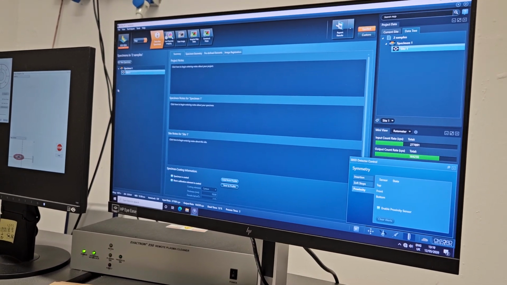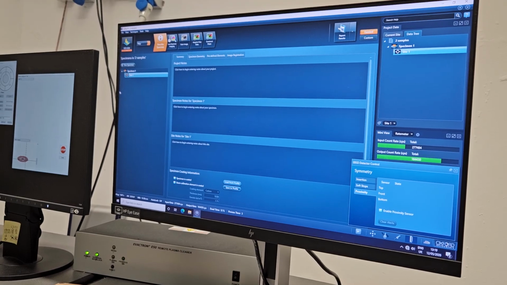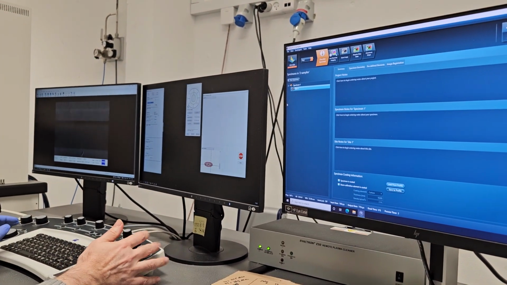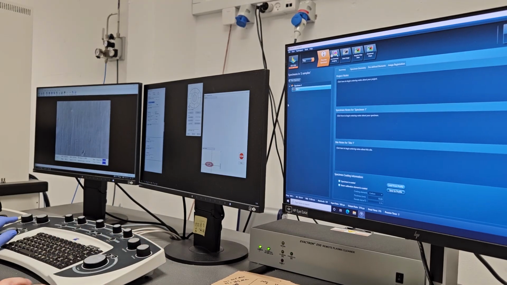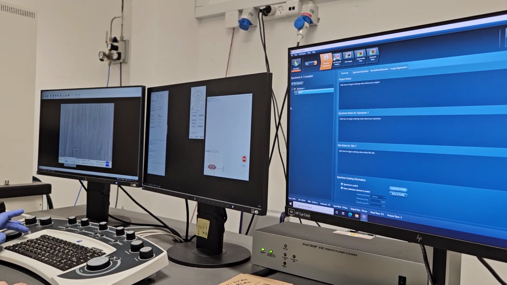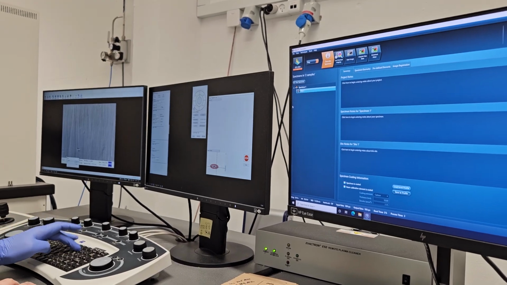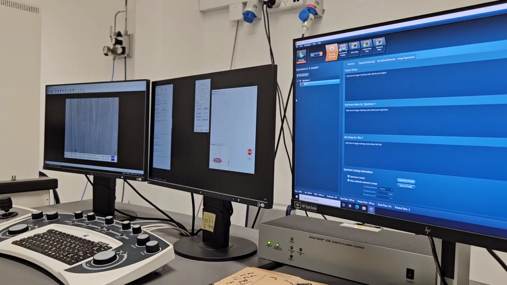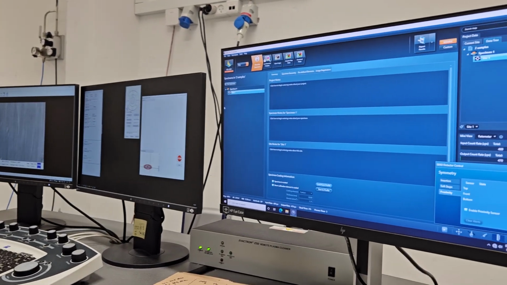Okay, so we go back to this one. See our wonderful surface. So I think I can promise you that we shall not get any good patterns from this surface.